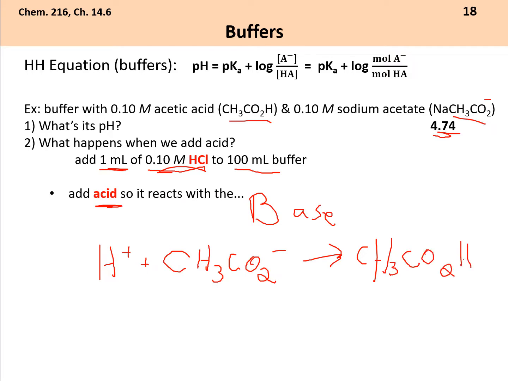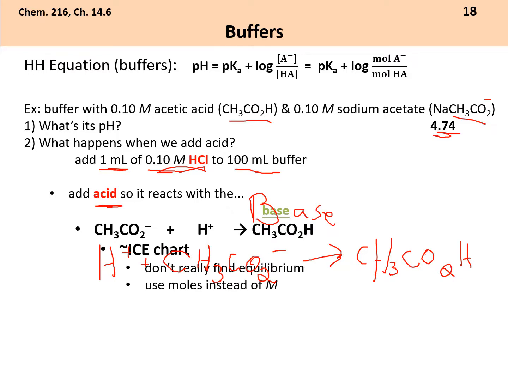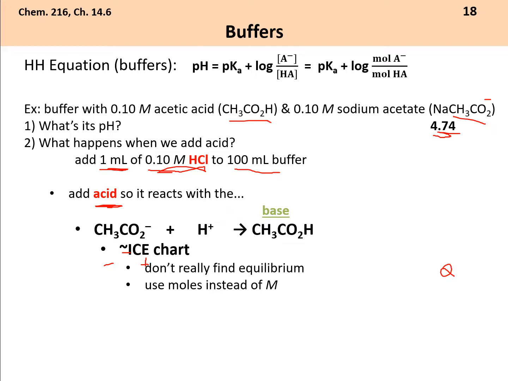I promise it'll be on the next page. All right, here it is. Let me erase some stuff. So my acid that I just added, the H+, reacts with the base I have in my buffer, and that goes ahead and forms the weak acid.